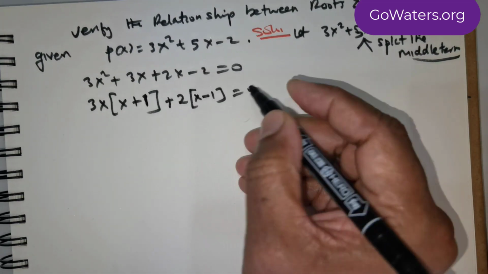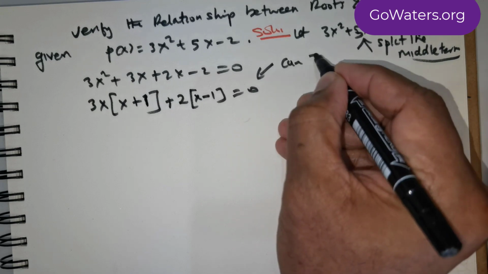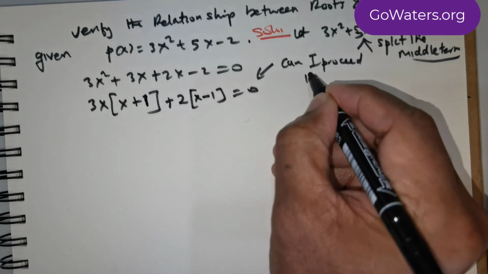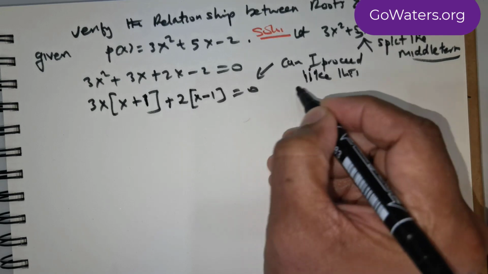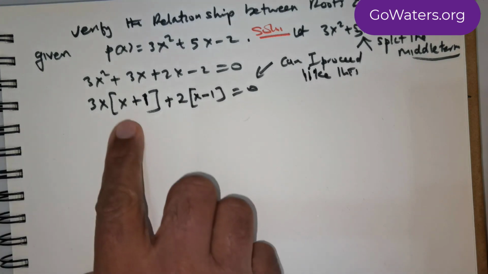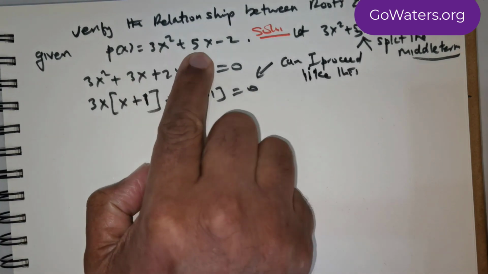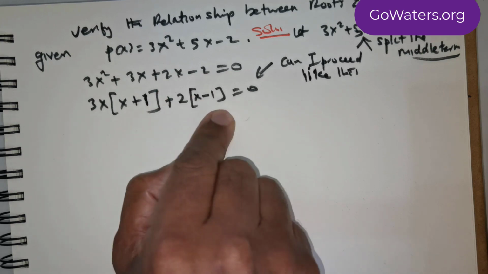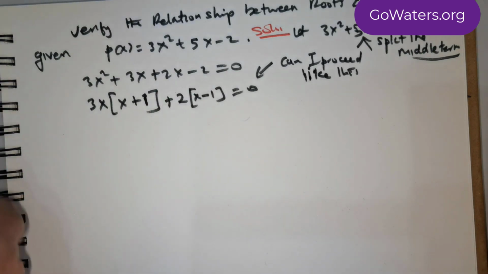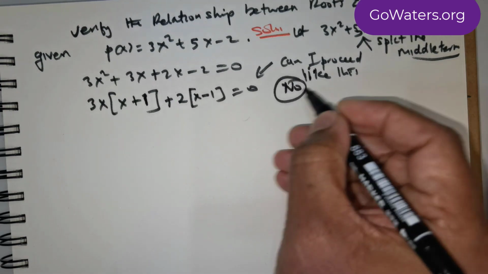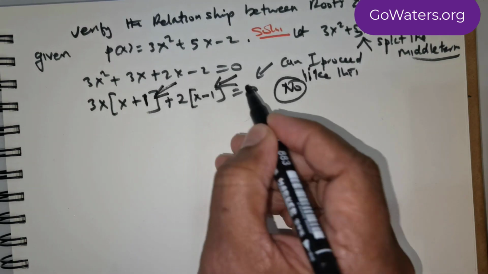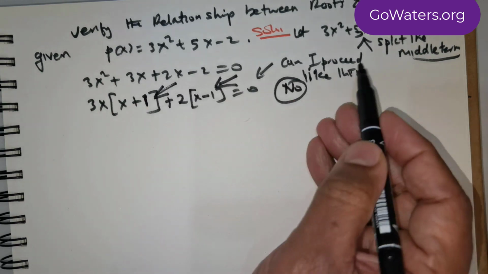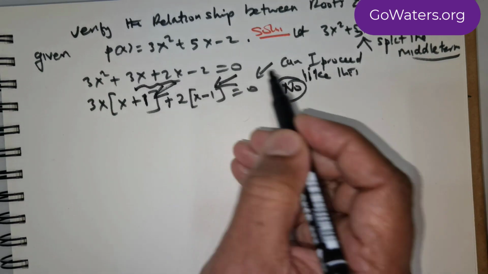Now my question to you is, can I proceed like this? Answer me. Yes or no? Is it okay if I split 5x as 3x and 2x and then proceed from here? What's your answer? Okay, I hope your answer is no. We cannot proceed. Why? We have to factor it out. This is x plus 1, this is x minus 1. So the split that I have performed, 3x plus 2x, will not work.